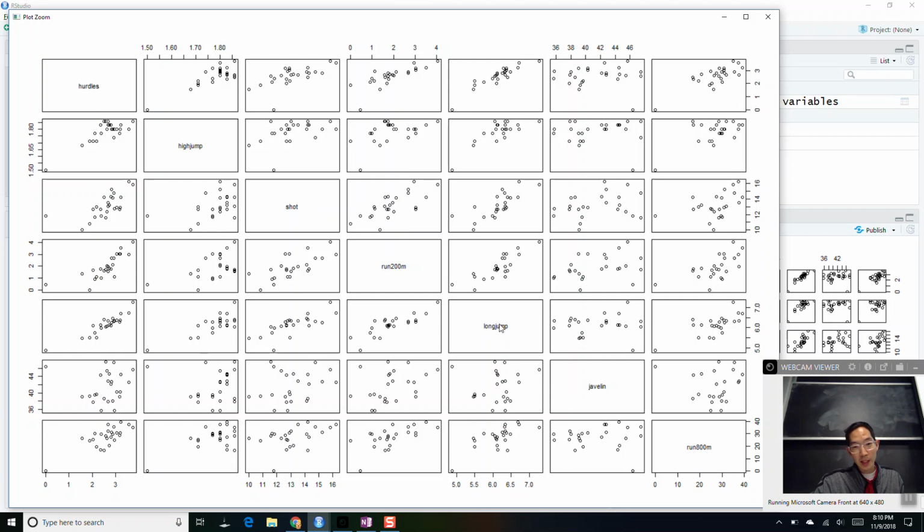We have strong correlation between the long jump and the 200-meter run. Other things, the correlation isn't as strong. We can also see one observation that's way lower than everyone else, so we might want to remove this.